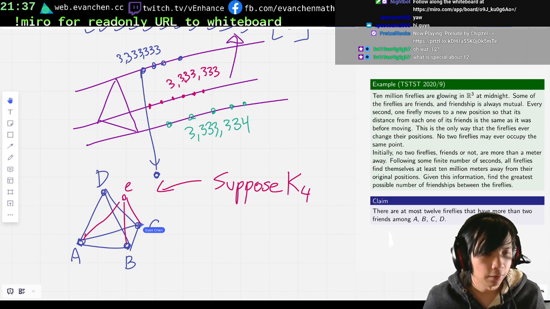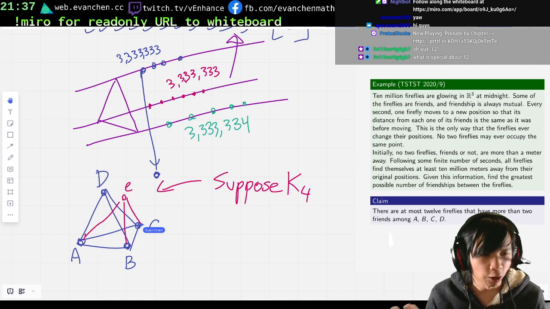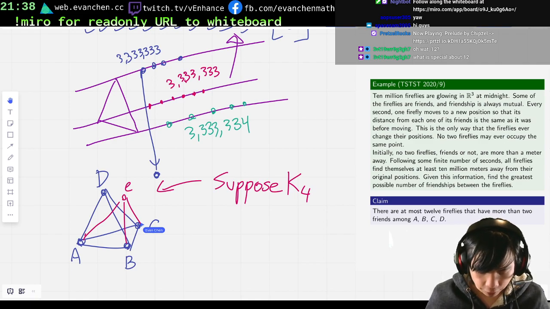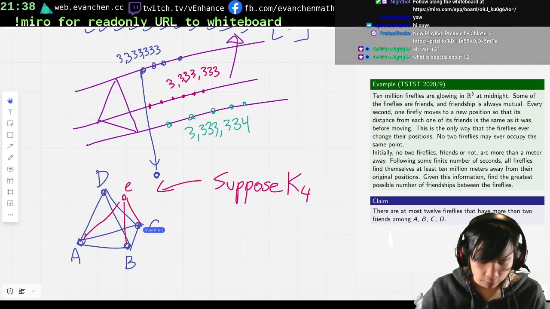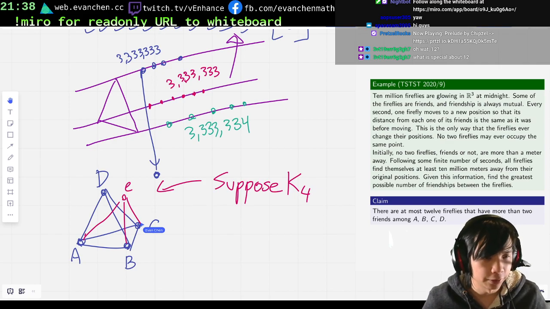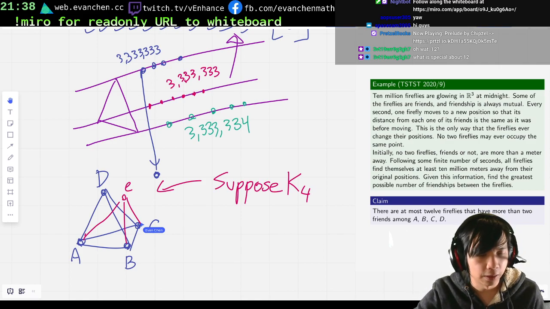So in this picture, what happens is I have 2 tetrahedrons. 12 is not really special. 12 is just the number that comes out, and I'll explain why. If I have a firefly E, then I have these 2 tetrahedrons. As the fireflies move, these points will move. And ABCD will always be a tetrahedron with a fixed shape.